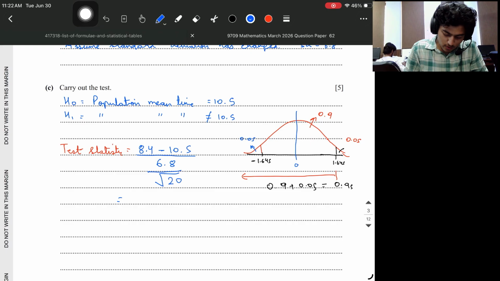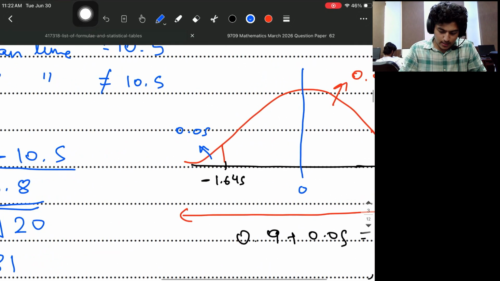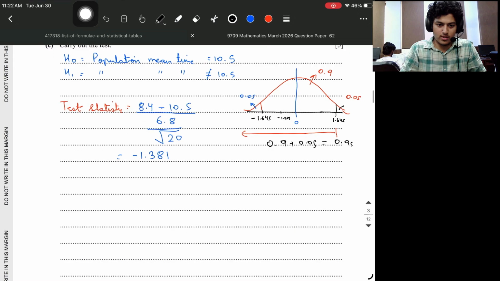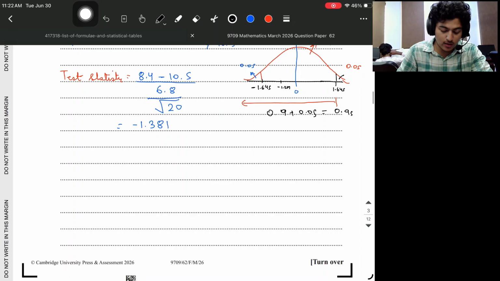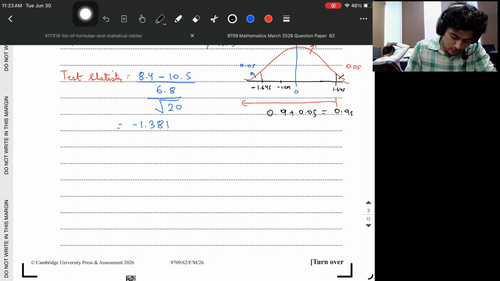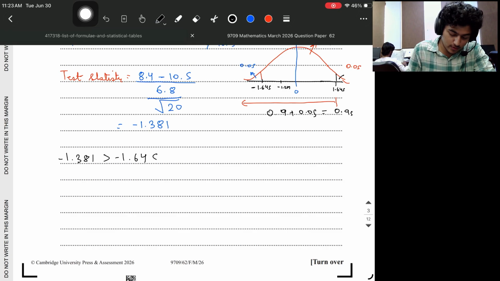And if we solve it on our calculator, we get the value negative 1.381. Negative 1.381 lies somewhere over here, right? So that is greater than negative 1.645. It does not lie in the significance level. So therefore we need to state that negative 1.381 is greater than negative 1.645.